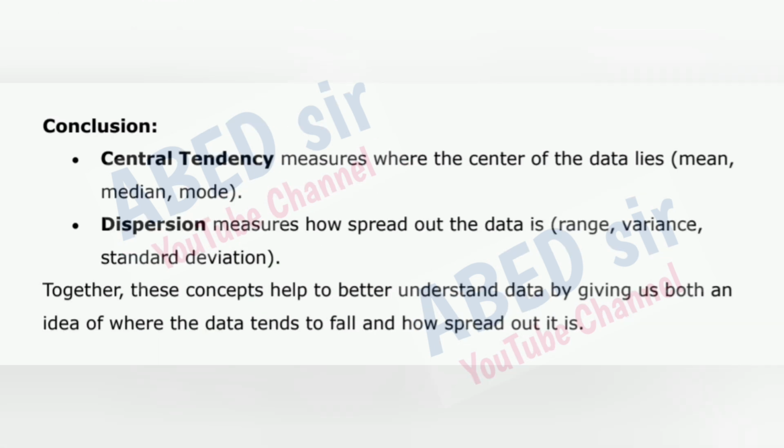Central tendency measures where the center of the data lies, mean, median, mode. Dispersion measures how spread out the data is, range, variance, standard deviation. Together, these concepts help to better understand data by giving us both an idea of where the data tends to fall and how spread out it is.